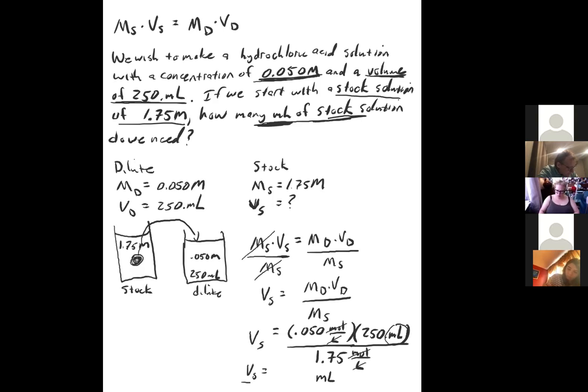Okay. Now it's just a matter of doing it. What is it? 0.05 times 250 divided by 1.75. Looks like it's around 7.14, 7.1.